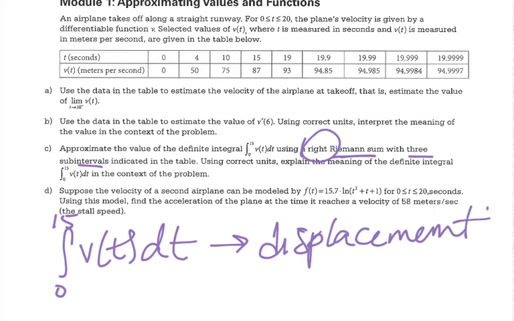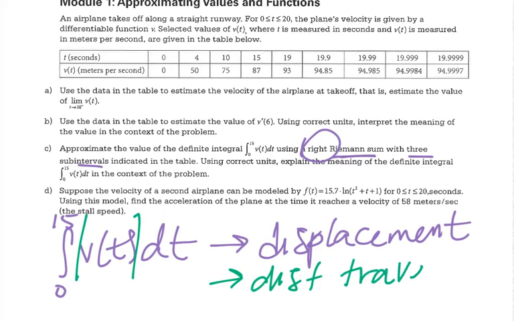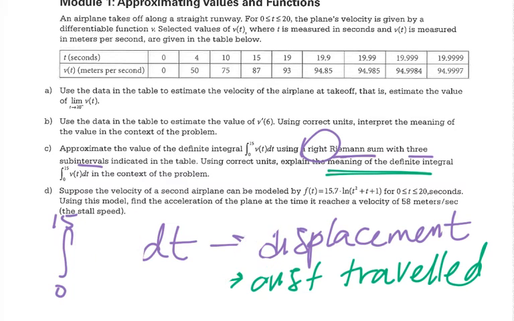If there had been an absolute value sign here, instead of displacement, it would have found distance traveled. So we'll just keep that in mind for when we're going to our meaning of the definite integral. Okay, so no absolute value here.